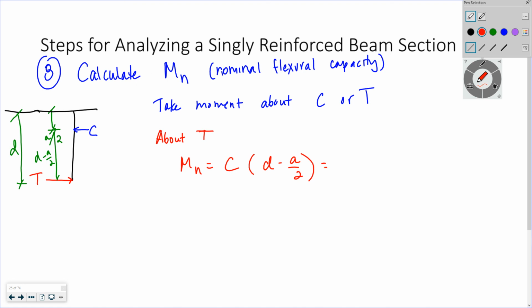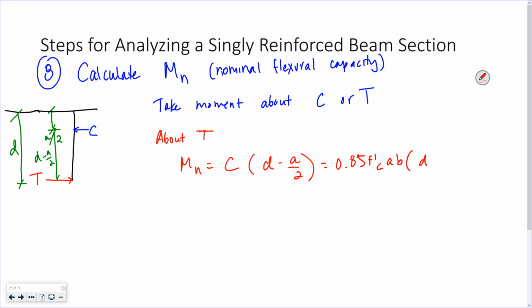C was 0.85 F prime C AB times D minus A over 2.